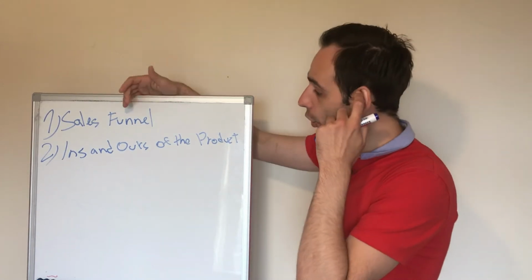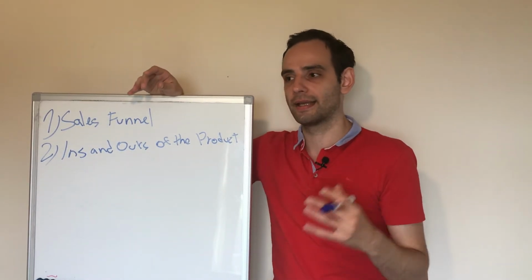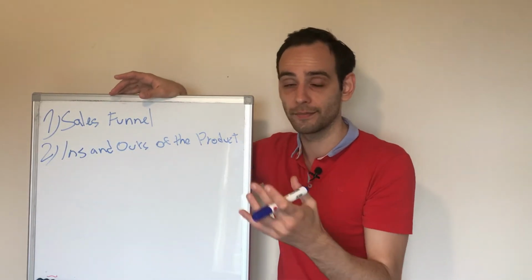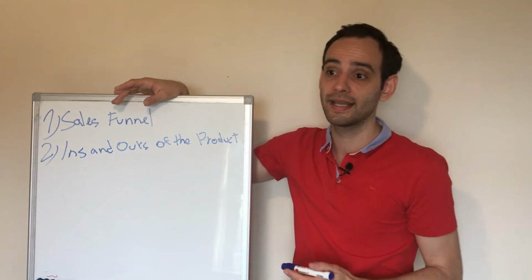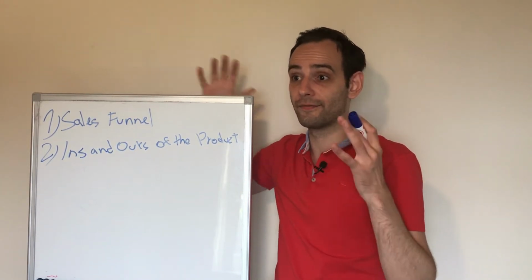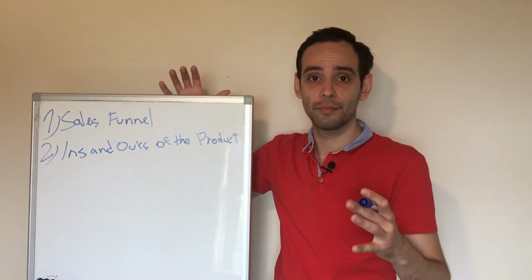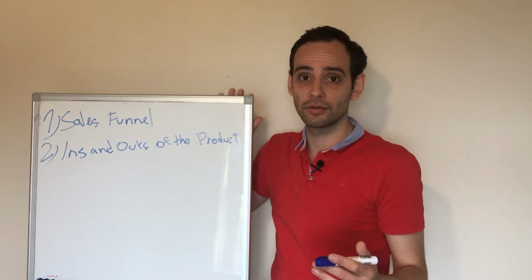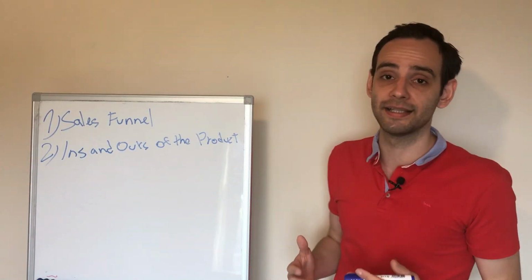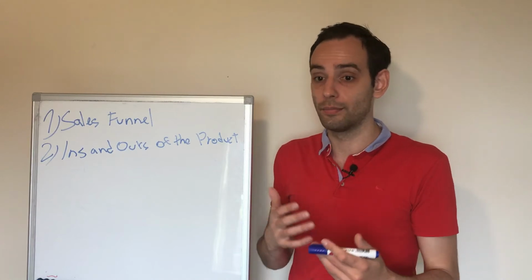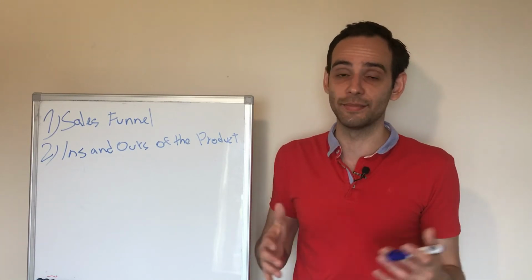So going through the product helps you locate these pros and cons, and therefore you can highlight the pros and really focus your promotion on them. On the other hand, if you find negatives, the cons, you can eliminate them by using bonuses. You can offer bonuses to your customers that eliminate these negatives.